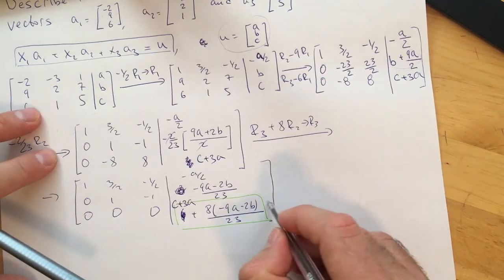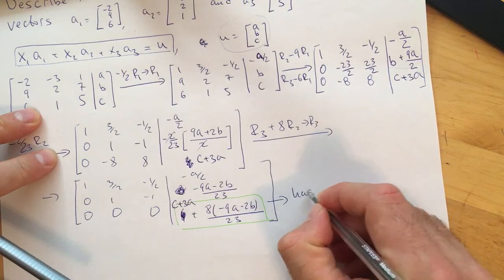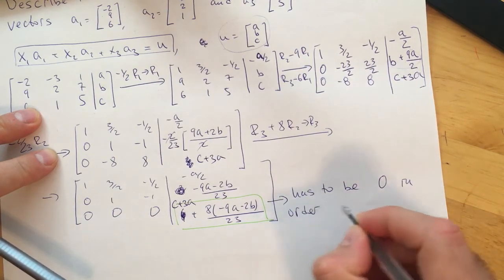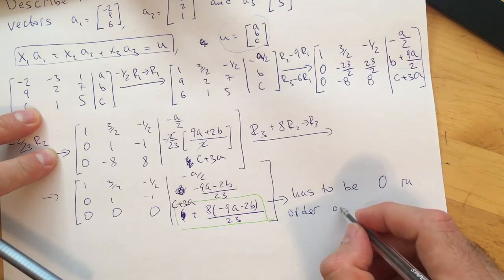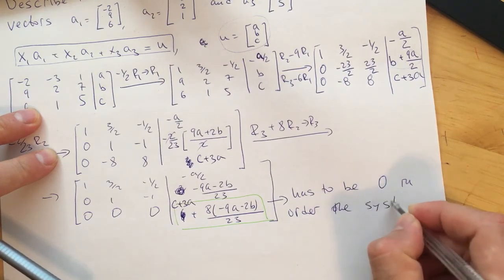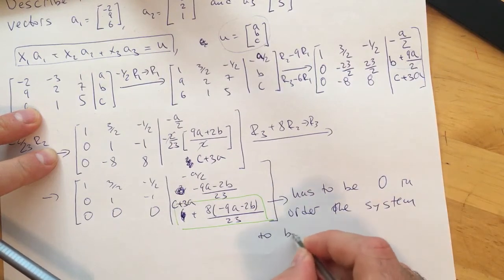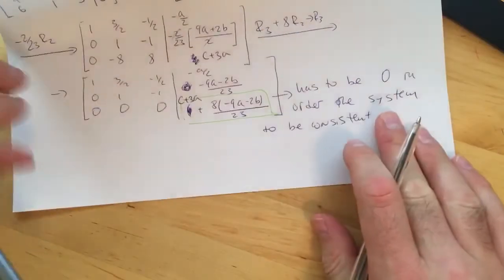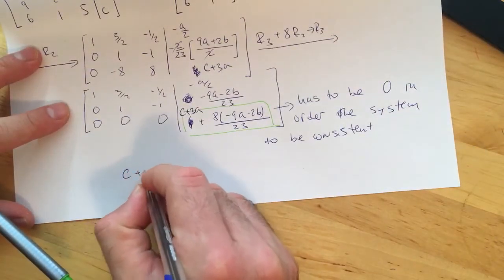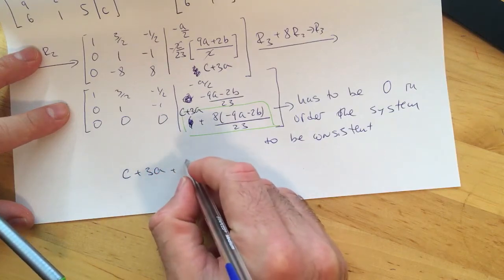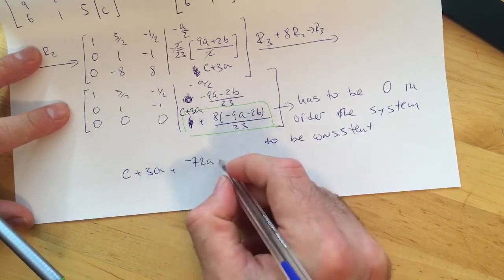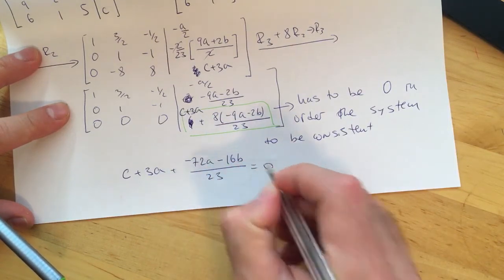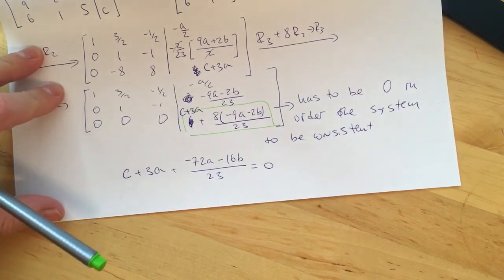In order for this system to be consistent, this entry here has to be 0. So let's see what that means. We need c plus 3a plus (-72a - 16b)/23 to be equal to 0.